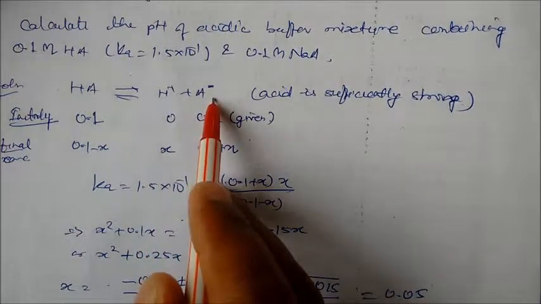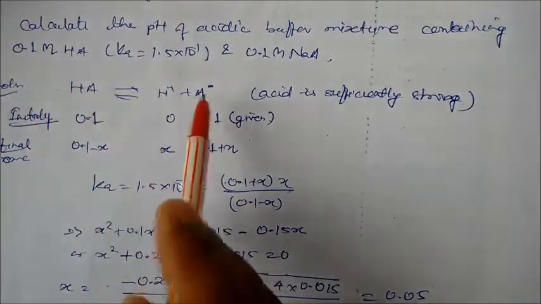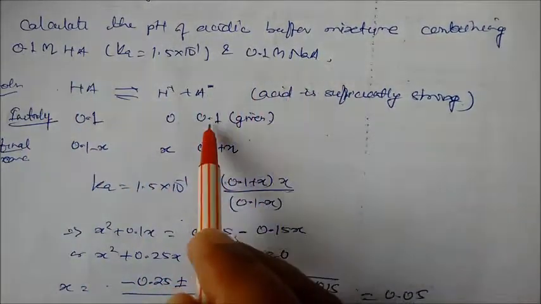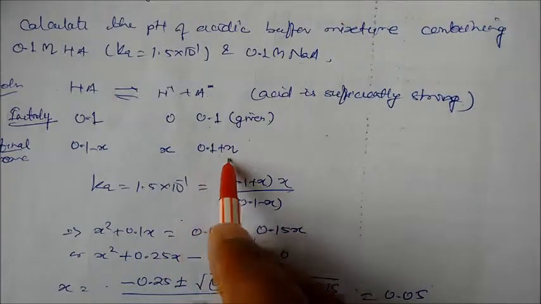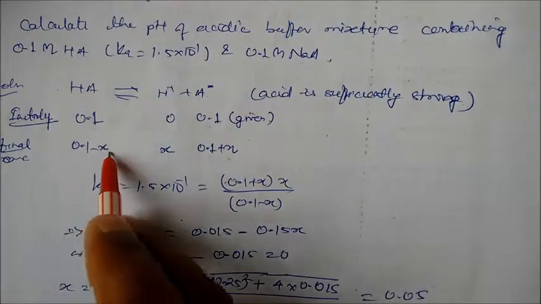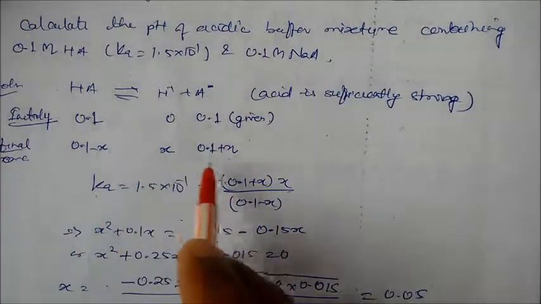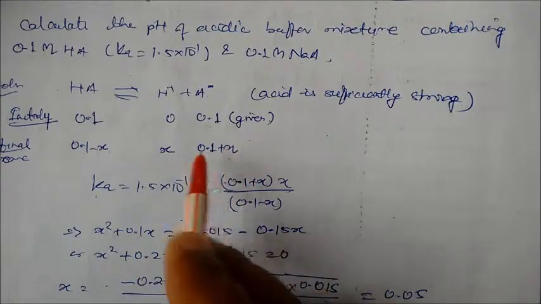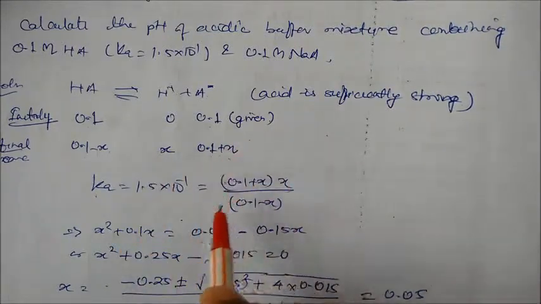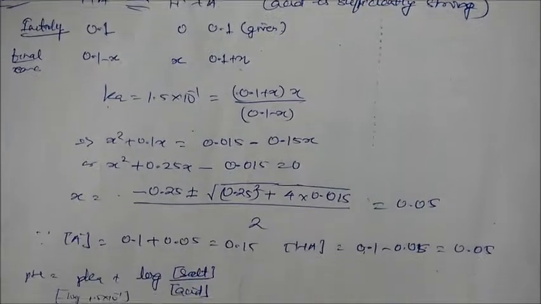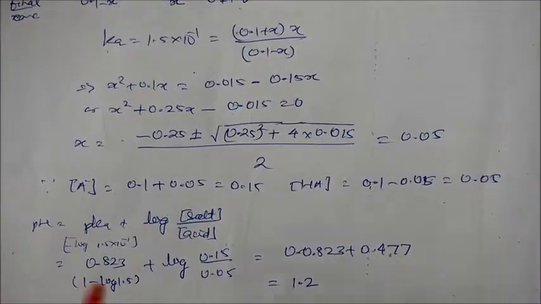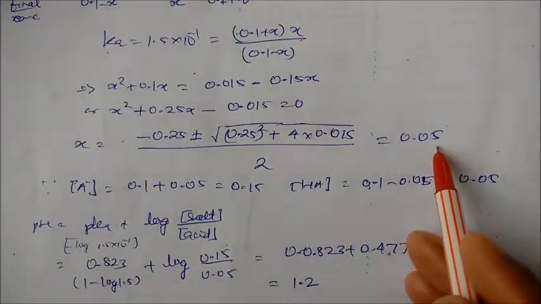A minus is given by the acid and also by the sodium salt. Already 0.1 is given, so this will be 0.1 plus X, and the acid will be 0.1 minus X. So for K, take the law of chemical equilibrium or mass action. On solving, you will get X equal to 0.05.